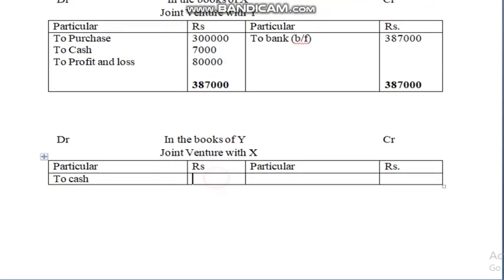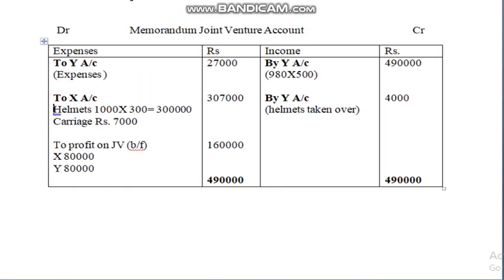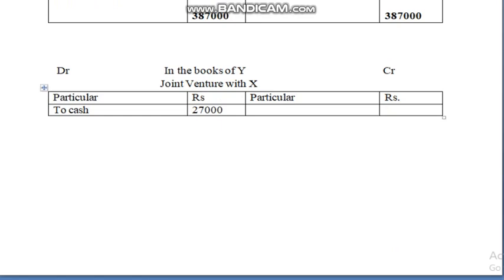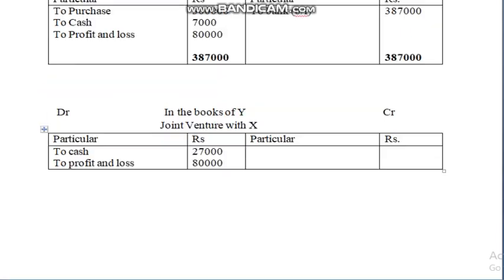Next, the next transaction is relating to X. Now the third transaction is relating to profit. In profit, take only Mr. Y's profit. The profit of Mr. Y is 80,000. So here to profit and loss of Mr. Y is 80,000.